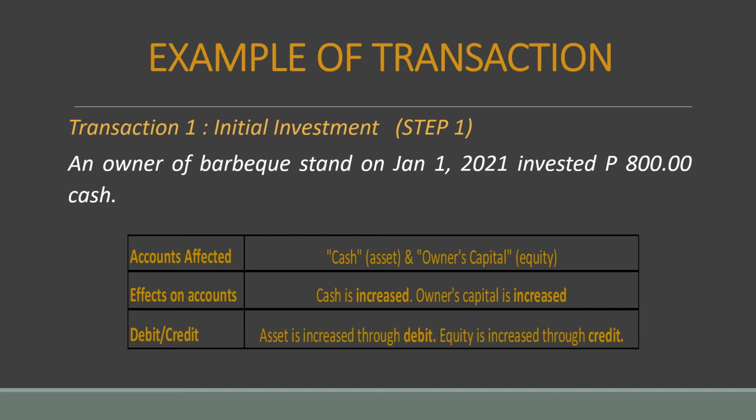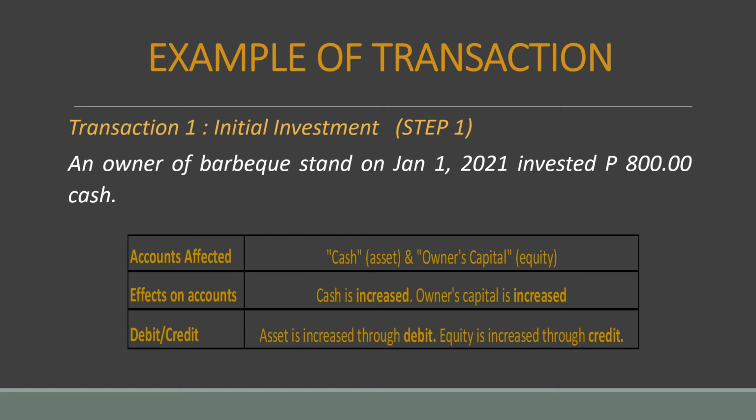So, ibig sabihin, the cash account of the business is increased. And then, yung owner nag-invest. So, ibig sabihin, nagkaroon ng increase sa owner's capital. Kaya, syempre, yung effect niyan sa owner's capital is increase din.